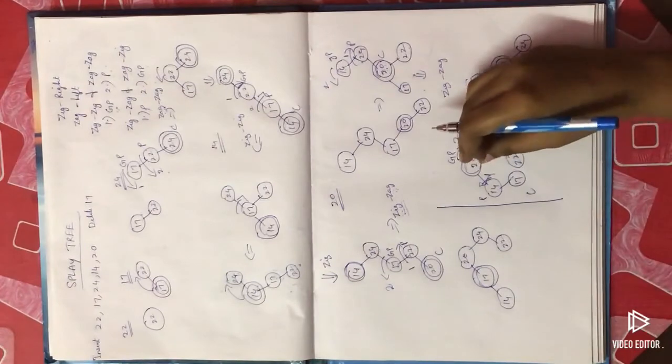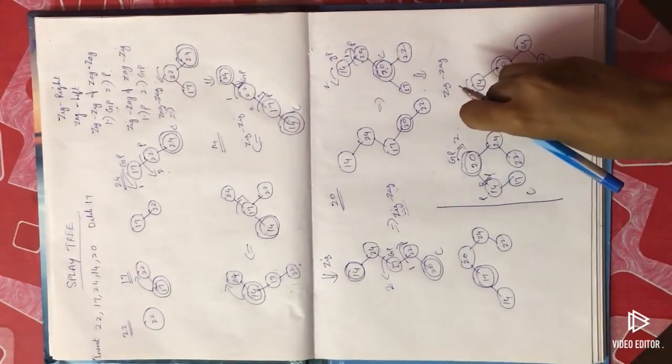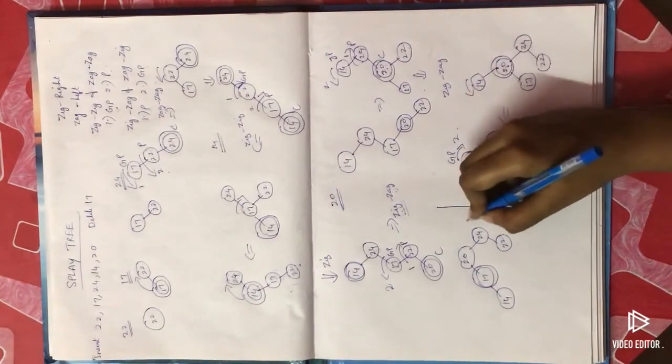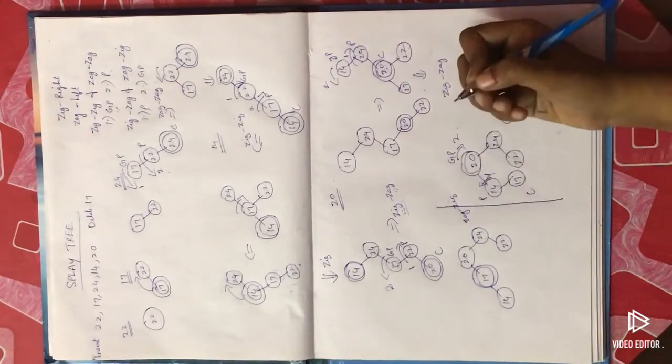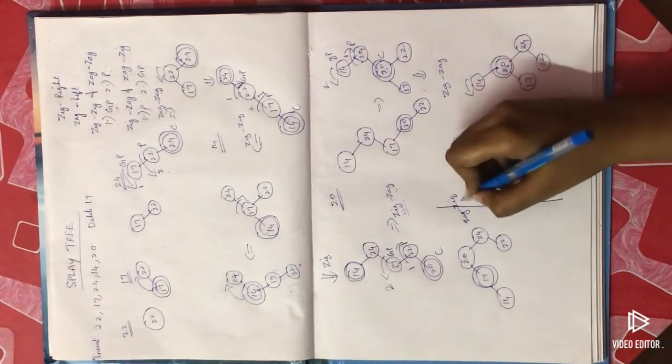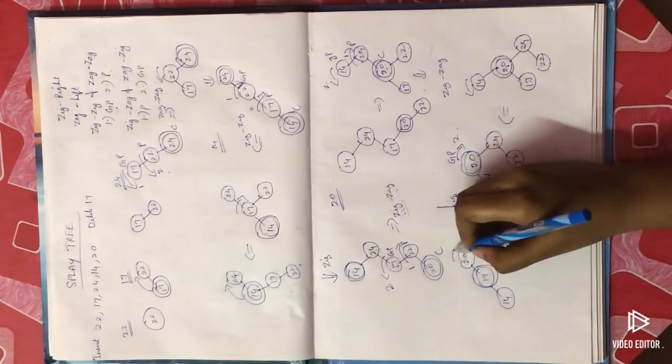Okay, next what rotation do I have to do? Again I have to do the grandparent rotation. The grandparent should be pulled to the right side, because we are following zag-zig rotation. So zag, we did left rotation on the parent, so right rotation on the grandparent. Now I will rotate this 20 to the right side.